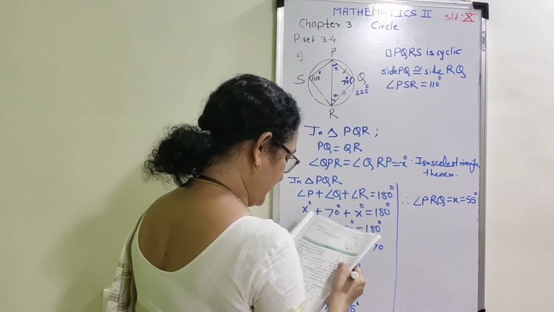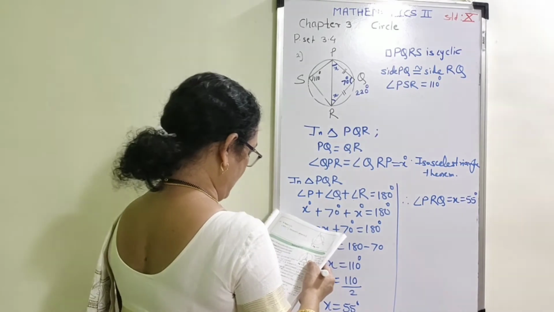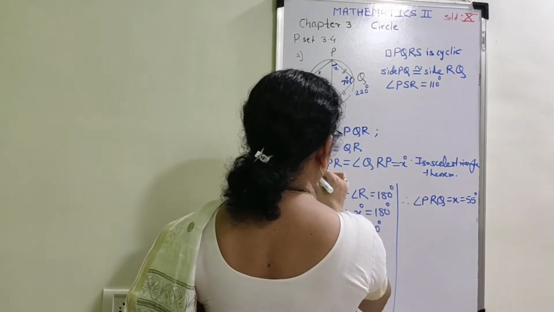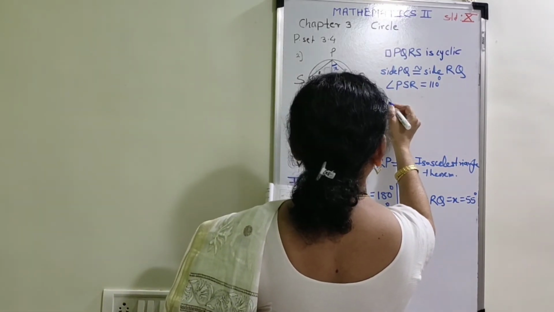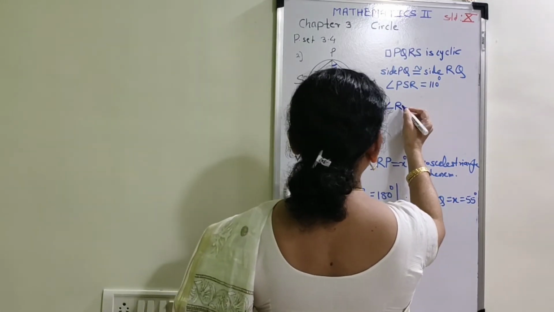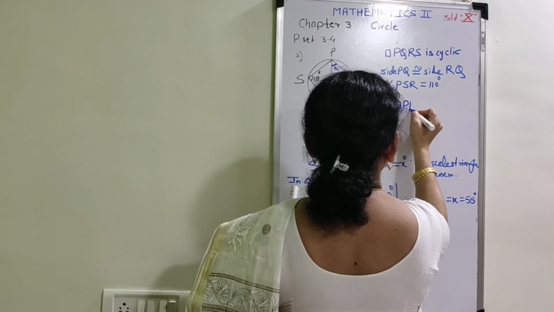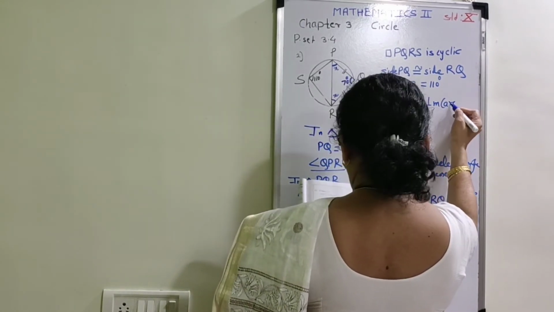Now the last step, measure of angle QPR. Just now we have calculated angle P is also 55. Therefore, angle QPR is equal to 1/2 of measure arc QR.